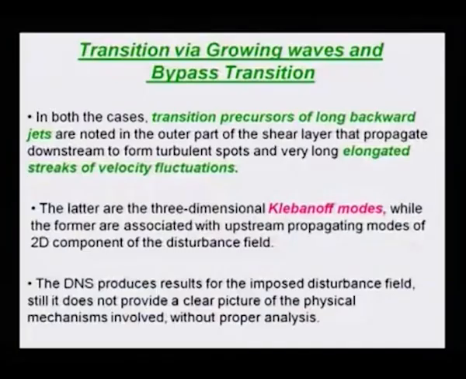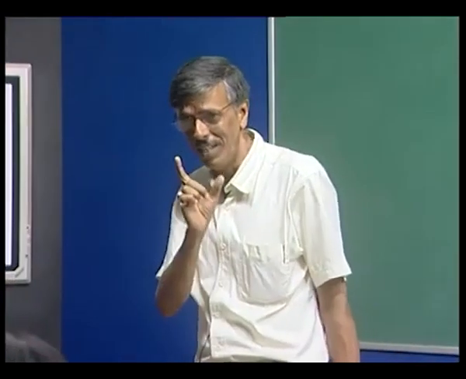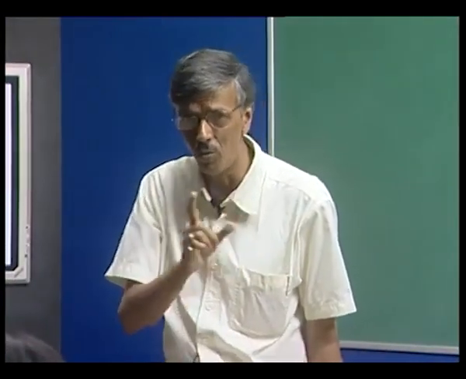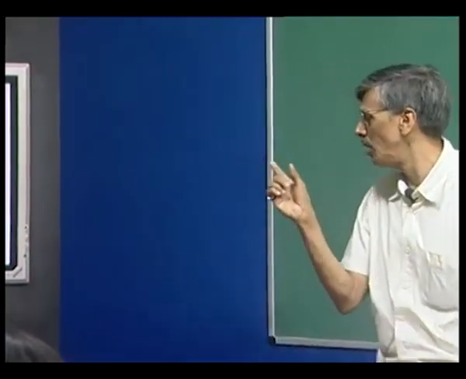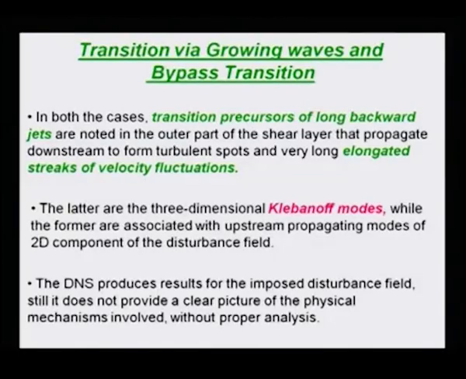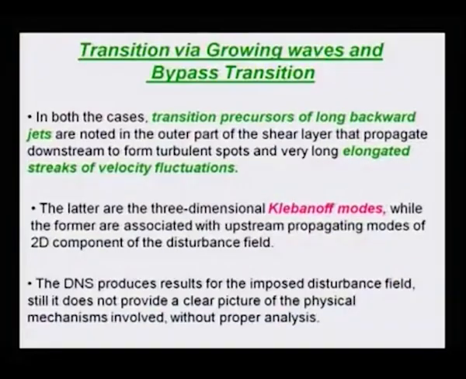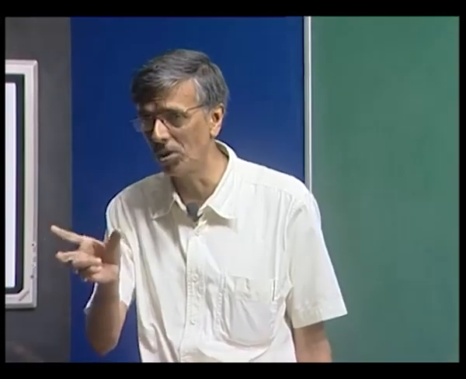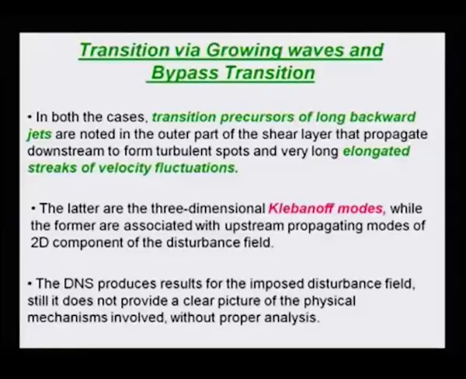However, they could not give a very good explanation for it. But now that we have done that analysis ourselves, we know what causes upstream propagating modes, those eigenvalues which remain on the left half plane, that can give rise to this. And this made them suggest that in turbo machines you do get some kind of turbulent spots, spot-like behavior, which creates an elongated streak of velocity fluctuations.